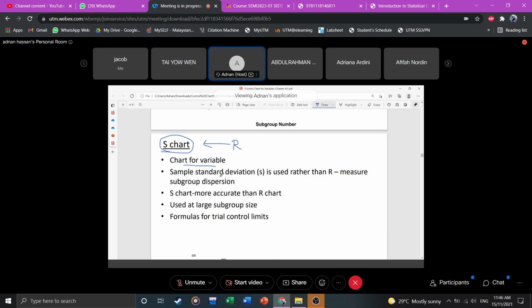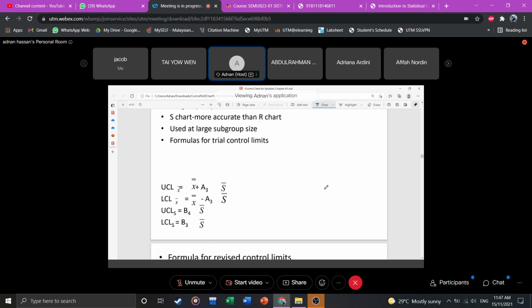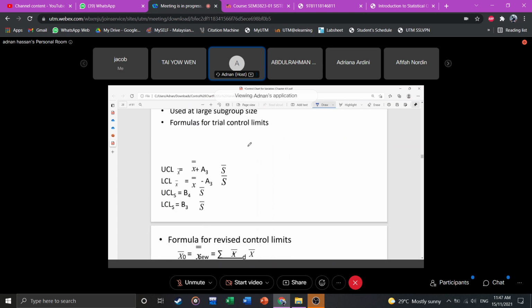The sample standard deviation is used rather than R. So the S chart: the control limits for the X bar chart using X bar and S, we have this formula.